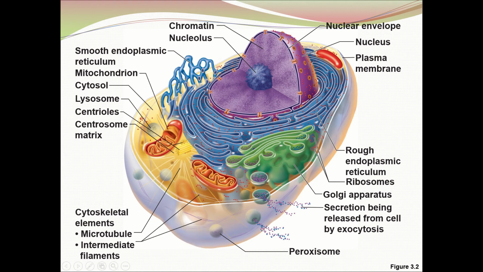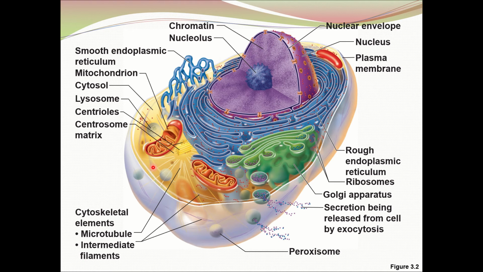Here's an illustration of a typical human cell. The plasma membrane on the outside forms the skin and also serves as a site of communication. Here we see secretions being released, such as digestive enzymes, so it's also a site of very important membrane transport.